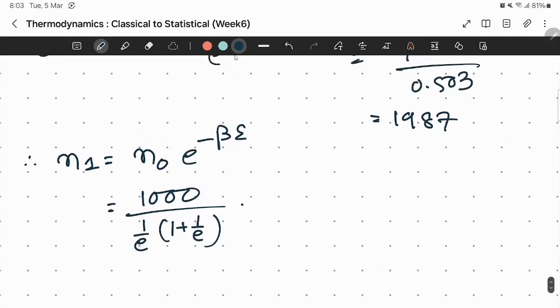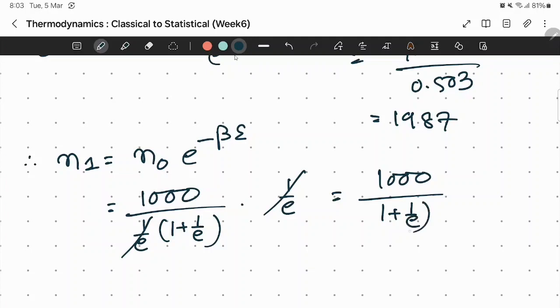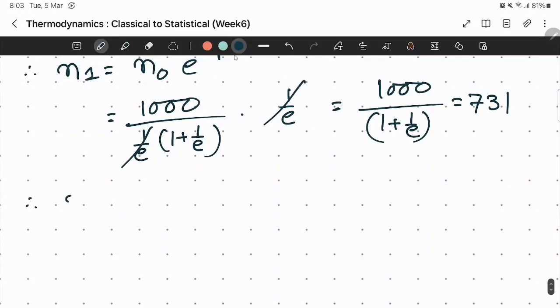And e to the power minus beta epsilon is also 1 by e, so it will cancel out. So it is 1000 divided by this, 1 plus 1 by e. Now if we divide 1000 by this, it will be 731.